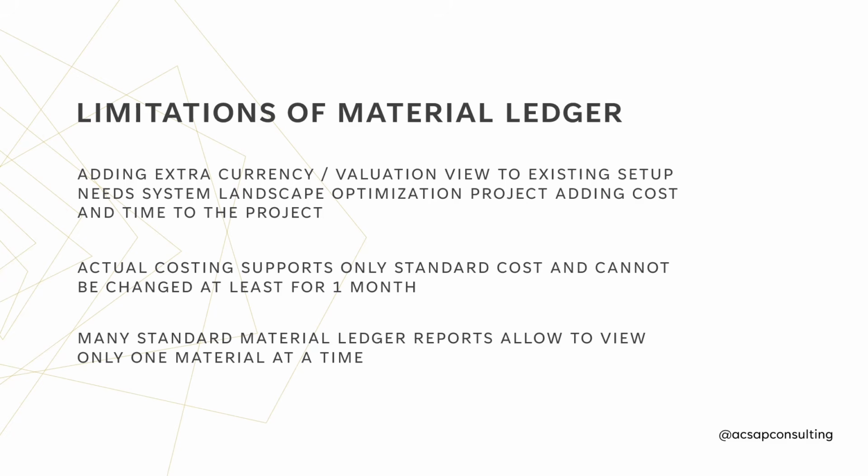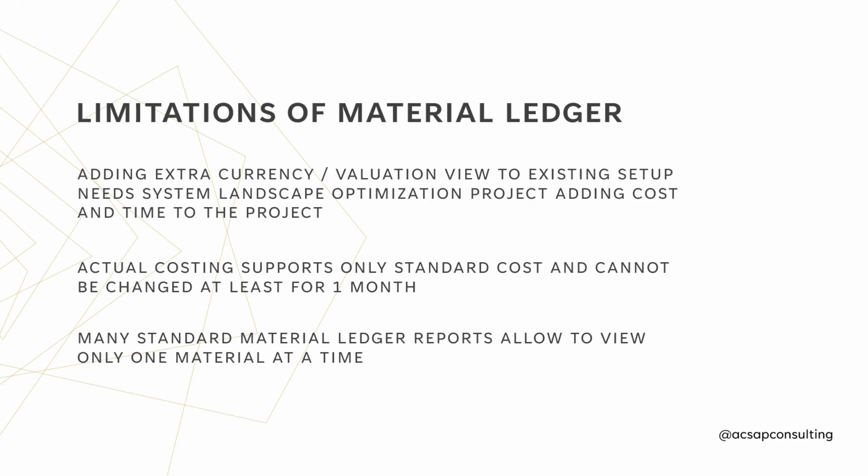So it is always recommended to take the decision on the material ledger functionalities right at the time of implementation to save costs. Though it is technically possible to do it at a later point of time, it includes a lot of time and cost. Now, though actual costing gives us the actual cost of the material, which helps us realize the true profit margins, implementing actual costing has its own limitation.